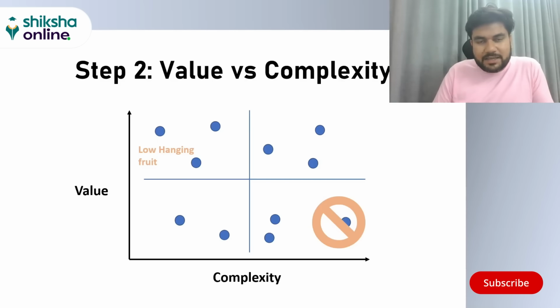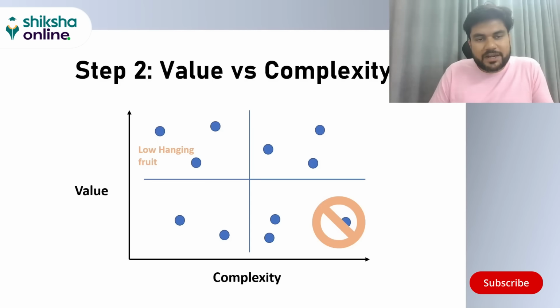That improves our conversion in a much better way, and the complexity of this feature is very low. So these are the low hanging fruits that are depicted in the upper left corner of this graph. That way we can segregate these features based on value and complexity, and target these low hanging fruits for our product roadmap.